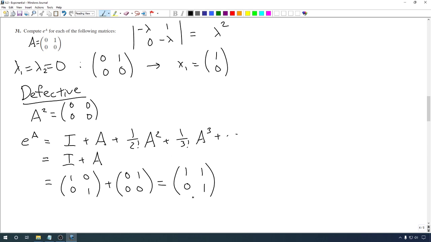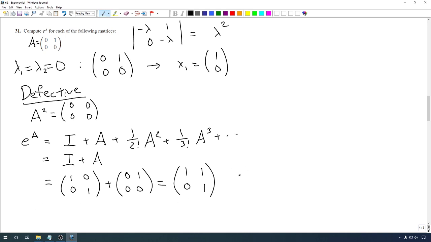In fact, if we look at this matrix here, 1, 1, 0, 1, that matrix is defective as well, and it never has this property. If we actually do want to find the exponential of this matrix, we end up having to calculate this entire power series. It's a fair amount of work, but it's possible to do.